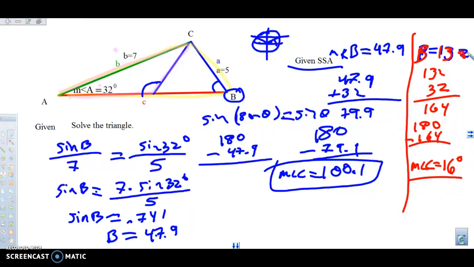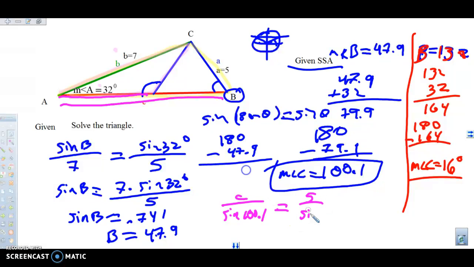Likewise, when I'm trying to figure out the length of C, as we can look at the diagram and find out, there is a smaller length of C, the short length, and there's a longer length for C. So there's two possibilities. This one here, C divided by the sine of approximately 100.1, should be equal to what we know for sure, which is 5 over the sine of 32 degrees.